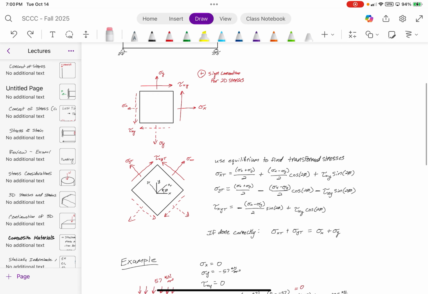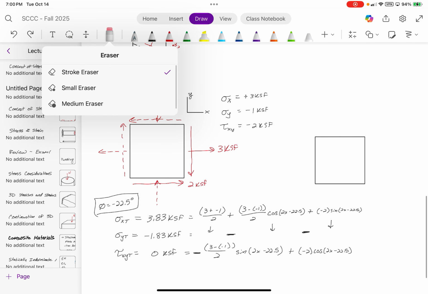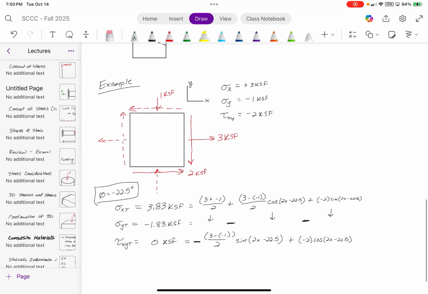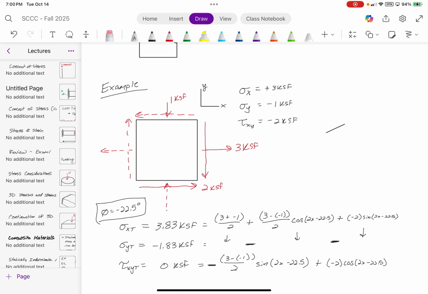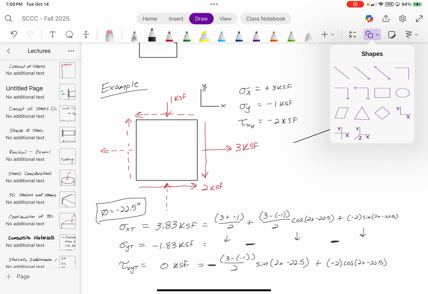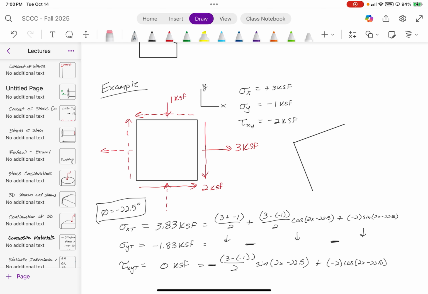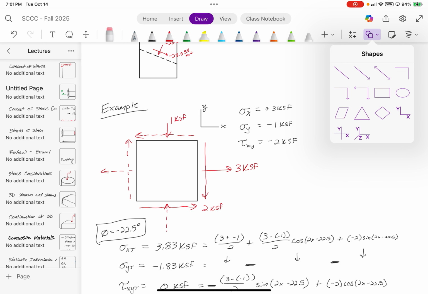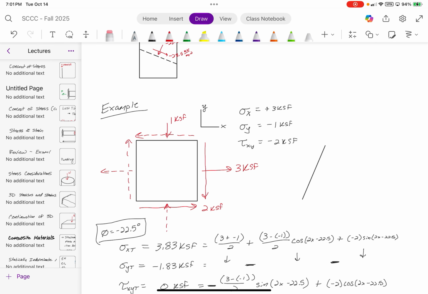So if I try to just sketch this out using a 22.5 degree rotation, excuse my horrible drawing while I try to draw this, because I apparently can't rotate a rectangle. Hold on, what am I doing? This is definitely not 22.5 degrees. It would be more like this.